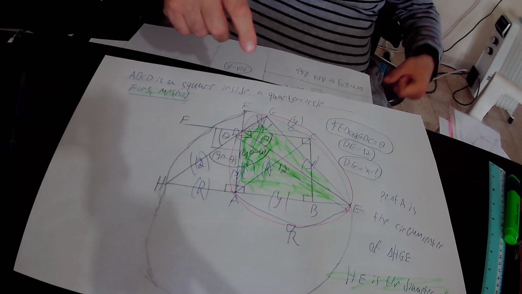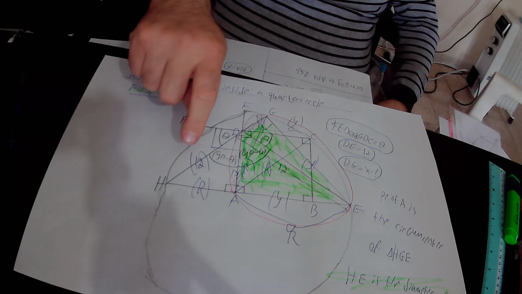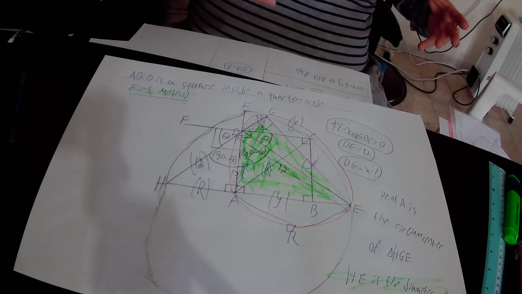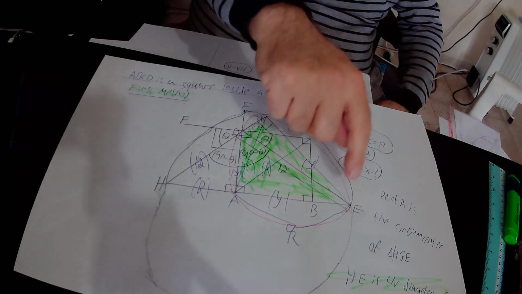That is to say, if we complete this quarter circle to a circle, we will get a circle that also blocks triangle HGE.